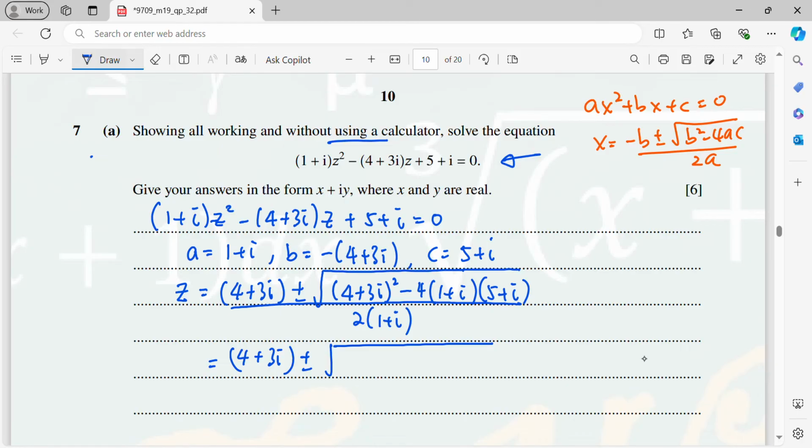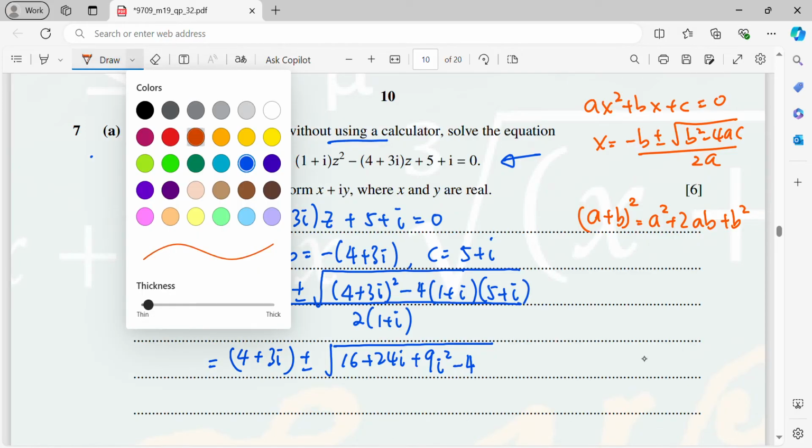The first one, you have to use the quadratic expansion. (a plus b) squared is going to be a squared plus 2ab plus b squared. So I will be getting 4 squared is 16. 4 times 3i times 2, then you will be getting 24i. Okay, after that, plus 9i squared. Then now here, minus 4.